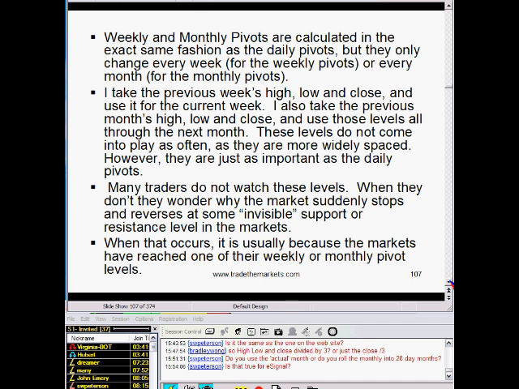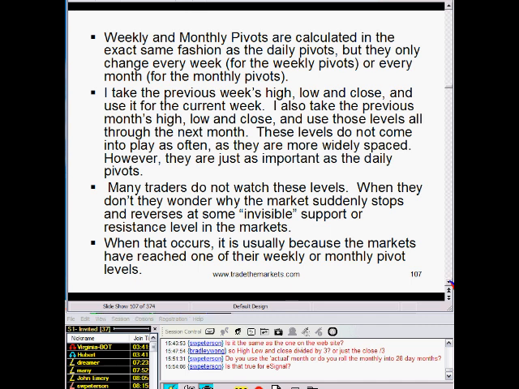So we've already talked about the weekly and monthly pivots. The main thing I want to add here is that I found that most traders don't really watch these. If you don't know where the weekly and monthly pivots are on a chart, you'll see the market suddenly stop and reverse.